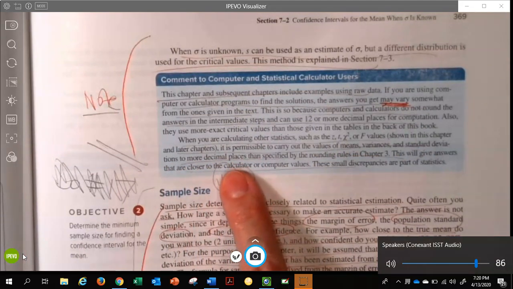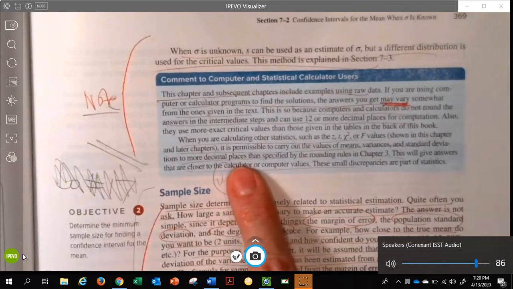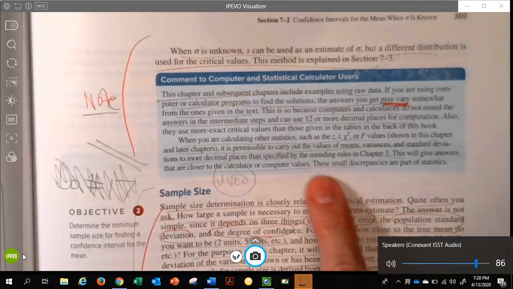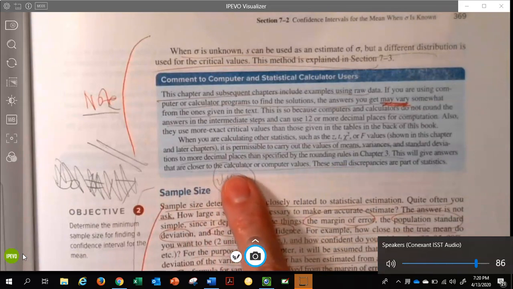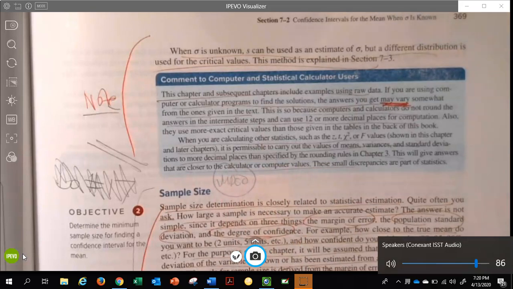You are in control. I would not shorten the way you carry it out. I would lengthen it, like go to 3 or 4 decimal places, other than what's specified by the rules we were just looking at. This will give answers that are closer, they're going to be better, they're going to be more accurate, and these small discrepancies are just part of statistics.